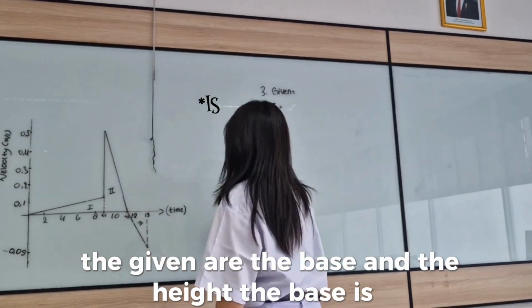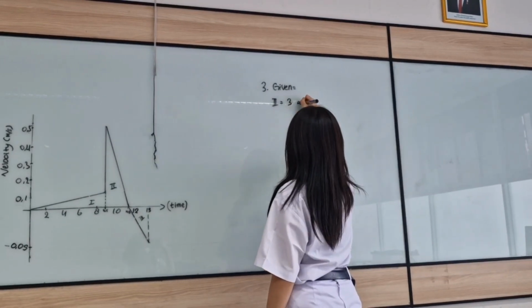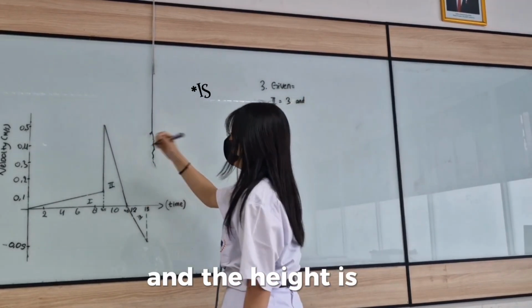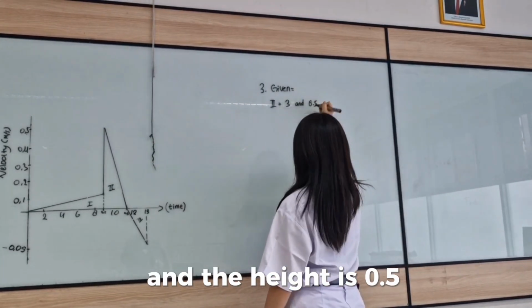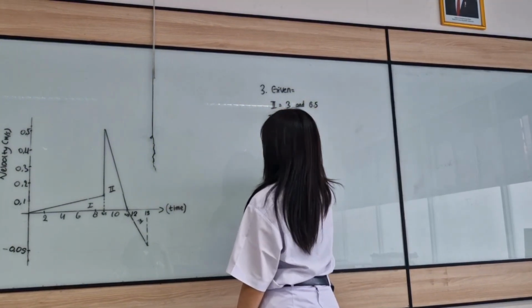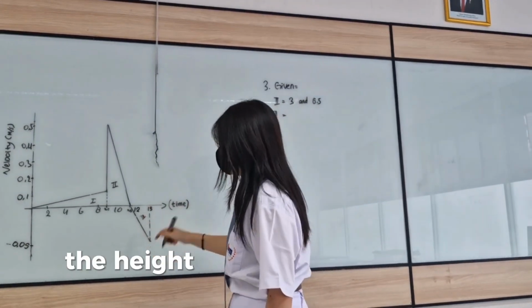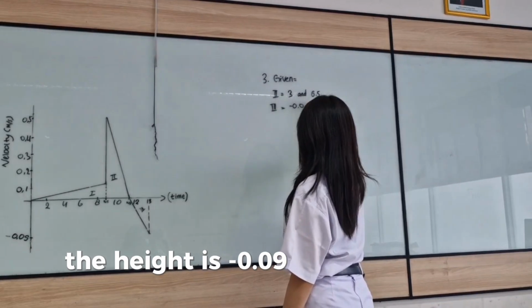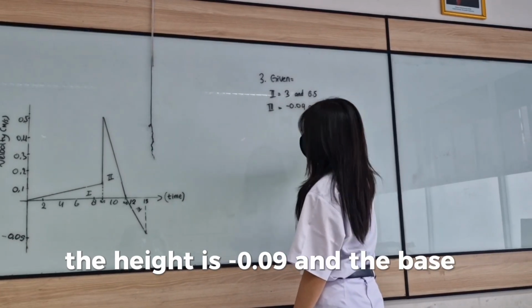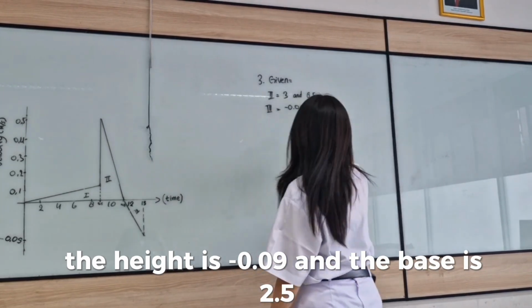The base is 3 and the height is 0.5. And for the third shape, the height is minus 0.09 and the base is 2.5.